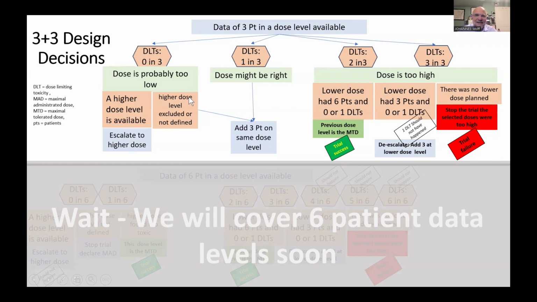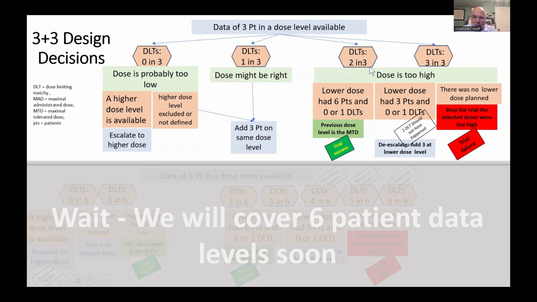This is already the highest level that the protocol has described, or the next higher level has already been tested and found to be too high, too toxic. Yet you only have 3 patients here. Then you add 3 patients to make it 6. Now, if there is 1 in 3 observed, then there is no complicated decision. You add 3 more to the same dose level.